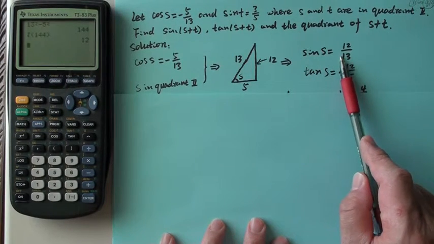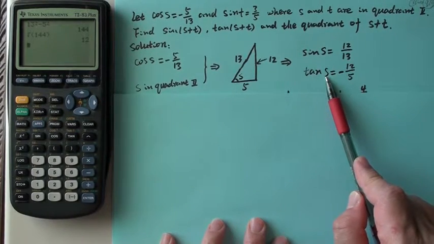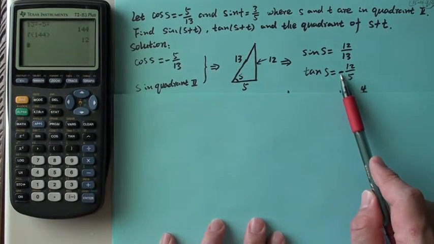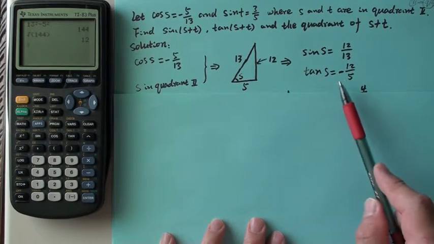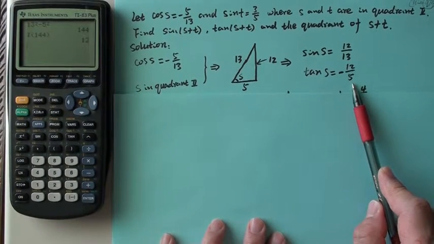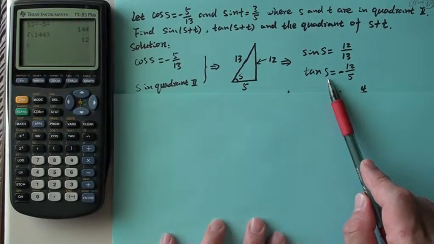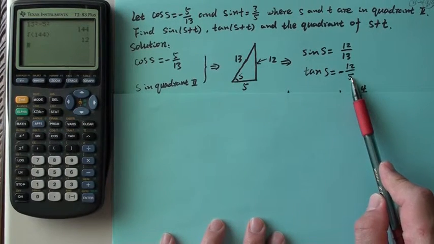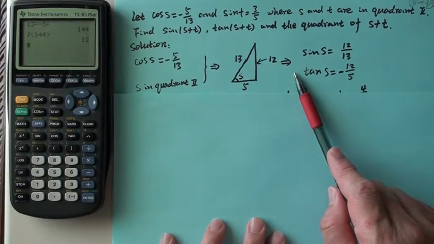You want to remember that, so here you choose positive. But tangent s is negative in quadrant 2, so you want to put a negative in front of the tangent value 12/5. This is the thing we want to know: tangent is negative in quadrants 2 and 4, positive in quadrants 1 and 3. So you want to remember that.